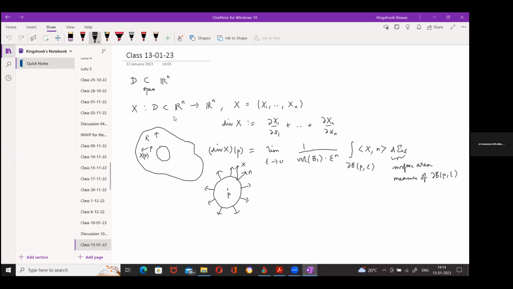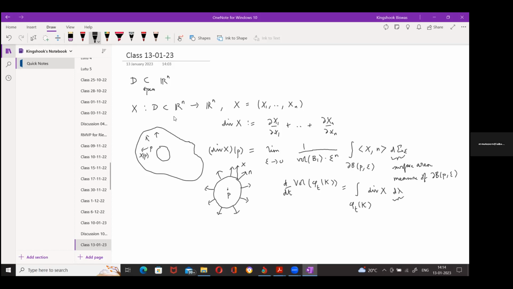And you have the same properties in higher dimensions. If I take the change in the volume of a compact set under the flow, then this is the integral of the divergence over that compact set with respect to Lebesgue measure.